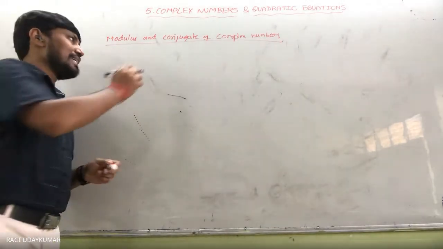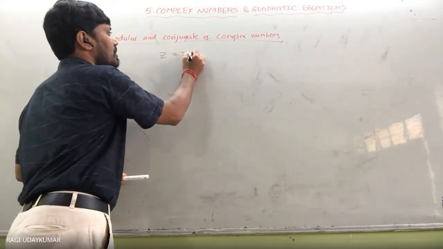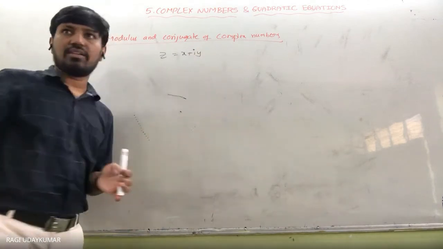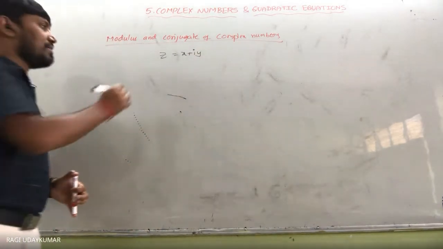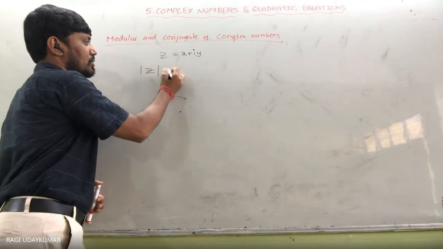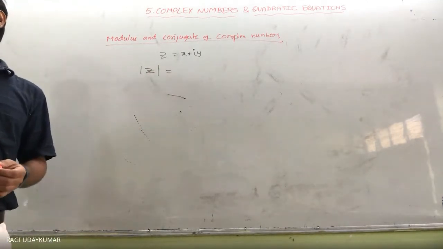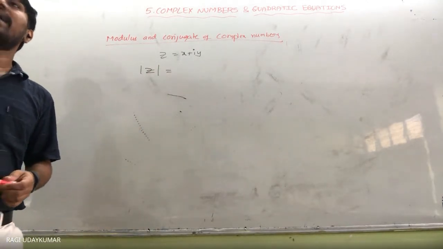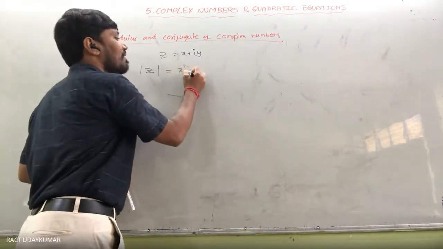First, let us take z as one general form, x plus iy. So modulus of z will be written as mod z, which is equal to square root of x square plus y square.